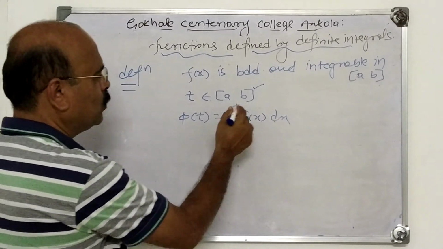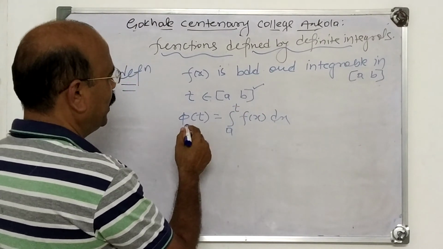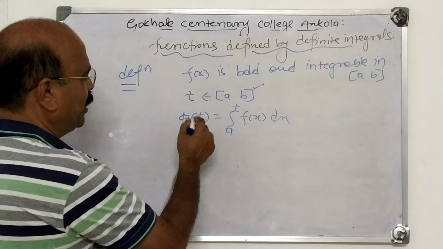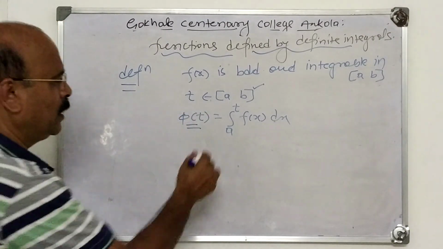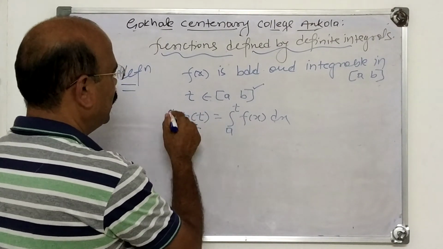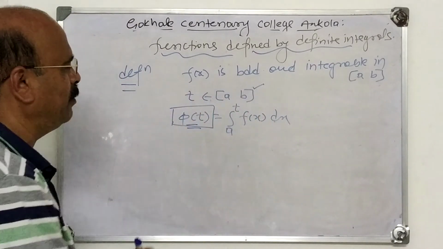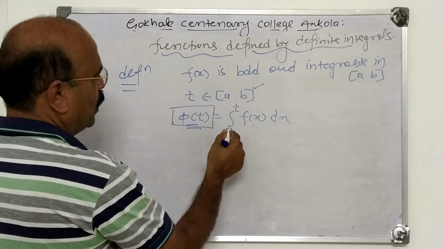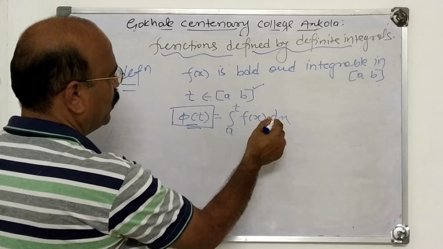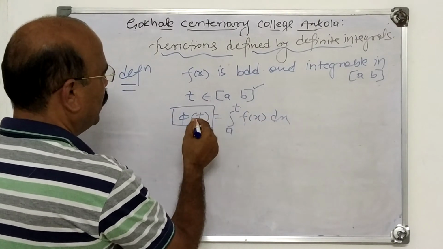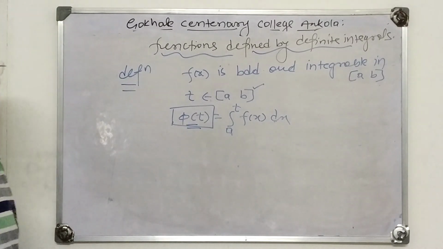Then what is integral a to t of f(x) dx? It depends on t. Integral a to t of f(x) dx depends on t here, because t is variable here. It belongs to [a, b]. The value of integral a to t of f(x) dx depends on t. So it is denoted by φ(t).